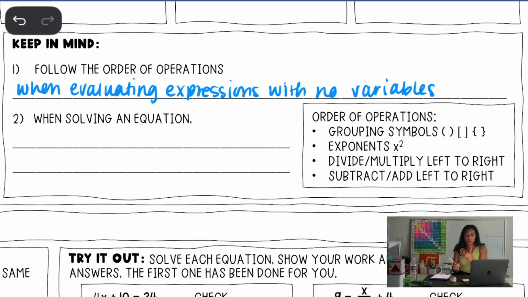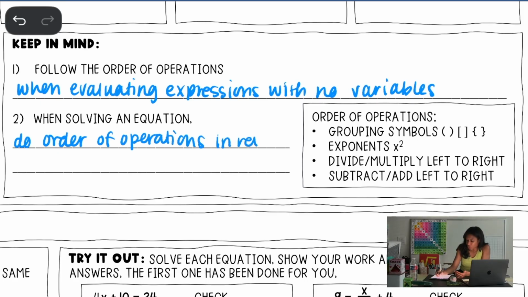We're actually going to do the order of operations in reverse order to isolate our variable.